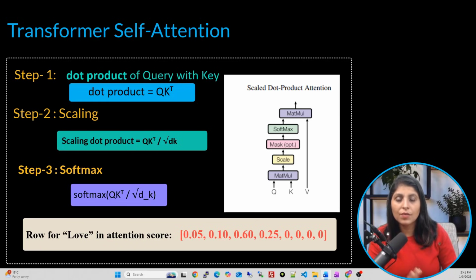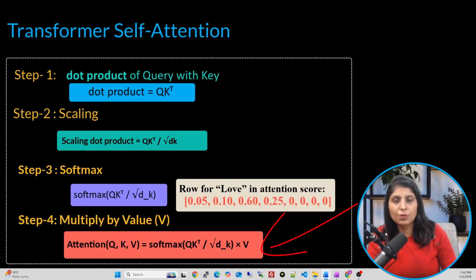In some time we will understand everything step by step. We will calculate all the values step by step and you will understand. So what is the next step? The next step is to use these attention weights with the value vectors. How will we do that? We will multiply the attention scores by V. So this is the formula. We will use this formula for that.